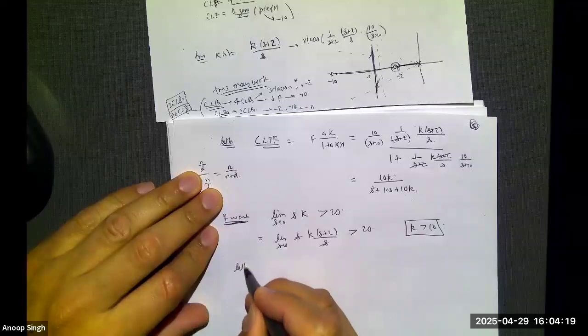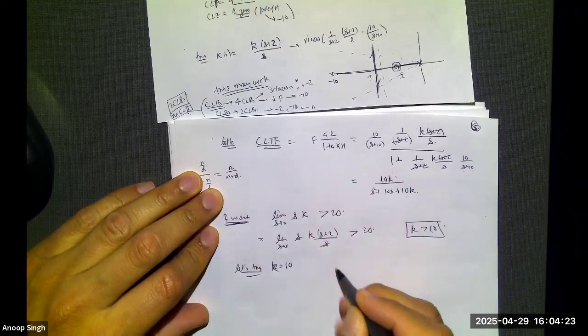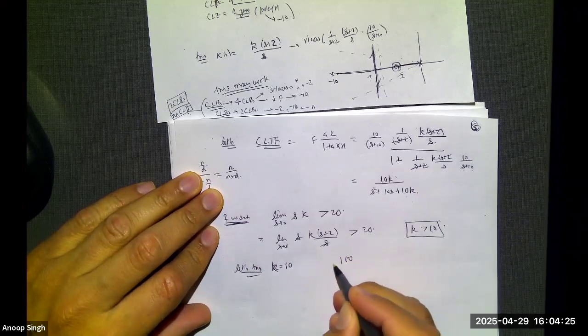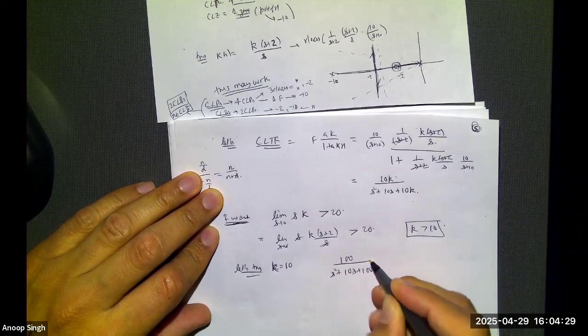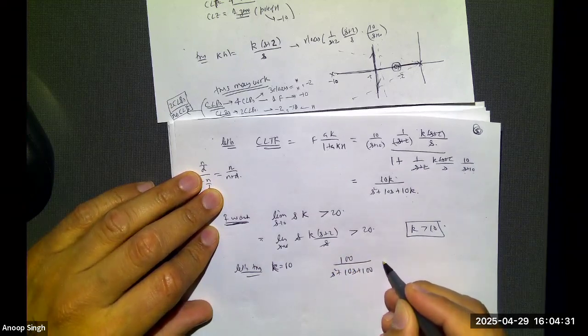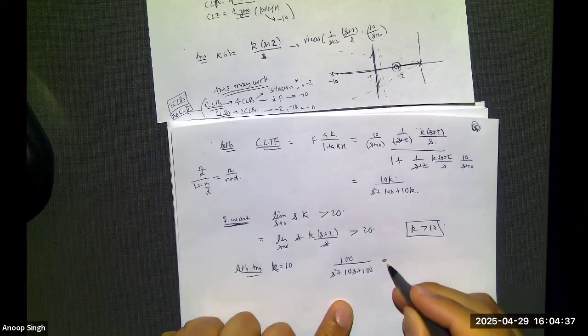Okay, so let's try K equal to 10. And the closed loop system is going to become 100 over S squared plus 10S plus 100. What is this? What are the solutions of this?